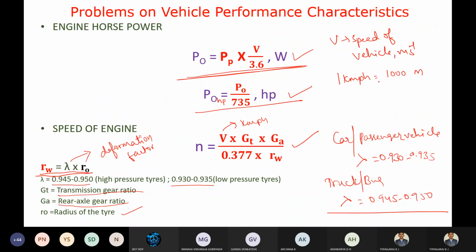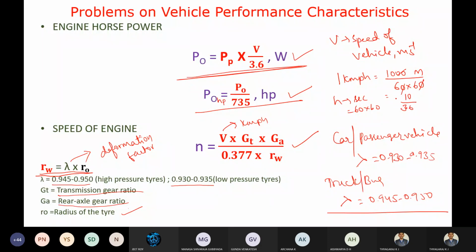Hour to second is 60 into 60. The zeros get cancelled, and 10 divided by 3.6 will be there.